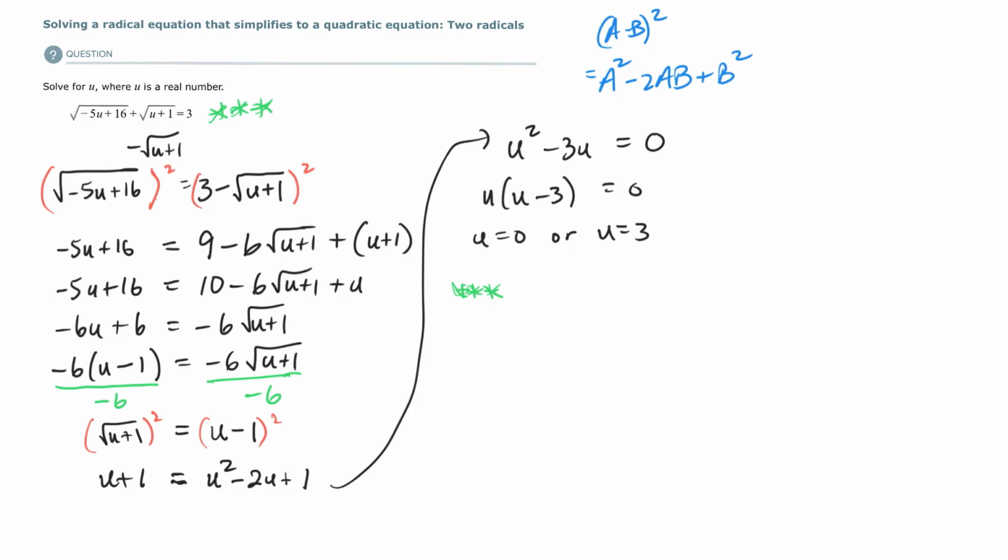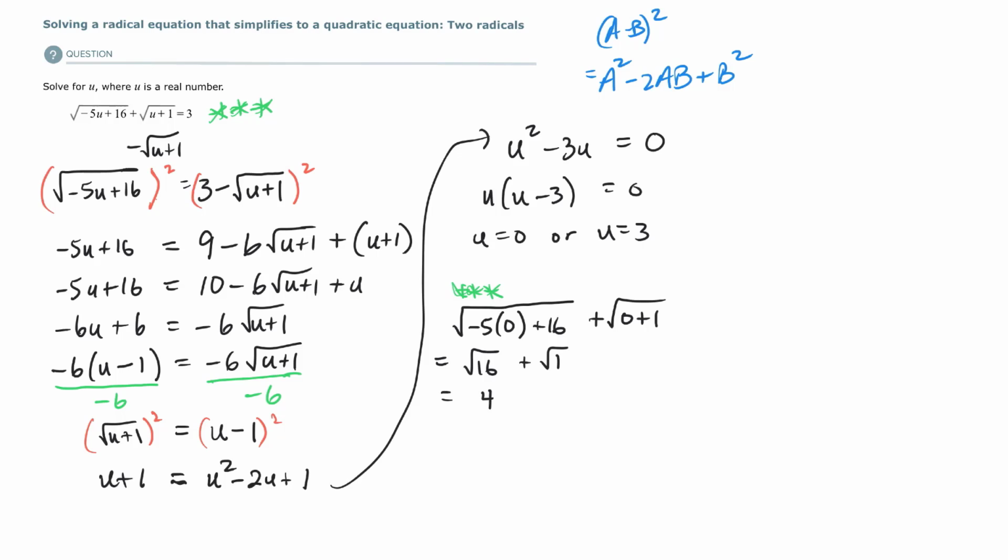Let's substitute u equals 0. Negative 5 times 0 plus 16 plus square root of 0 plus 1. We want to see what this really is. Let's simplify this expression. This is the square root of 16 plus square root of 1.